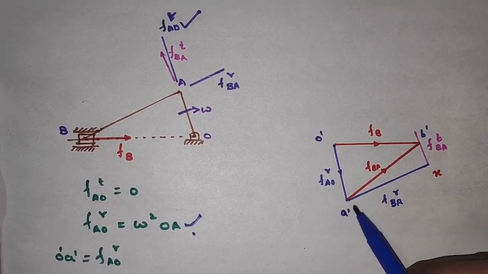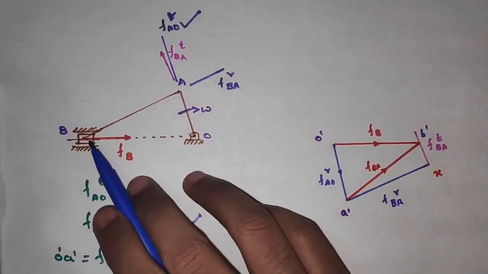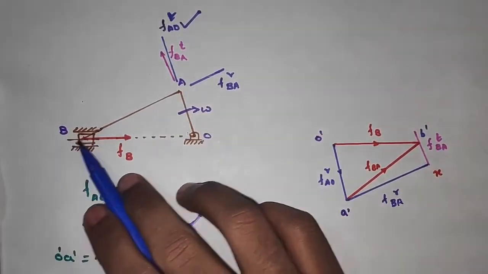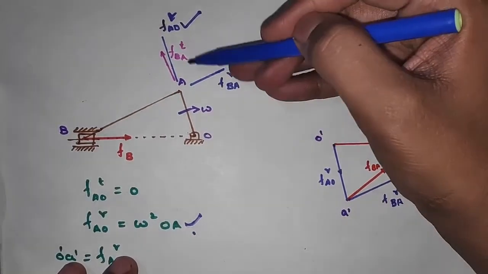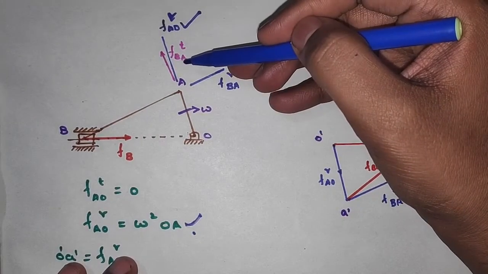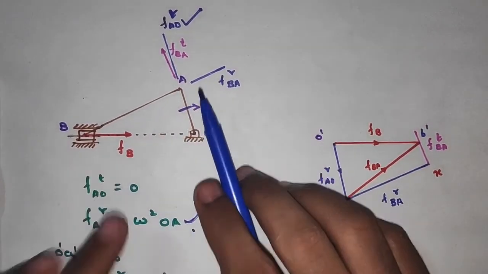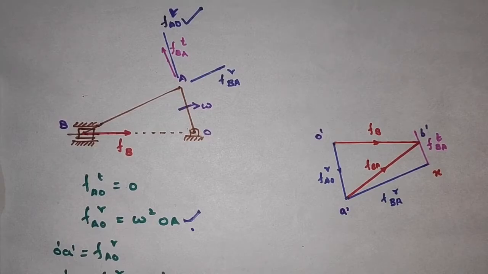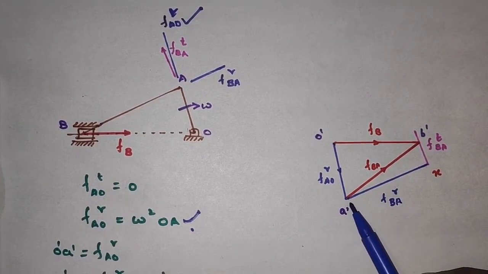Now from A dash we will have two acceleration components: the radial acceleration component of the connecting rod AB and the tangential acceleration component of the connecting rod AB. We know the direction but we don't know the magnitude. So we draw this FBA radial.